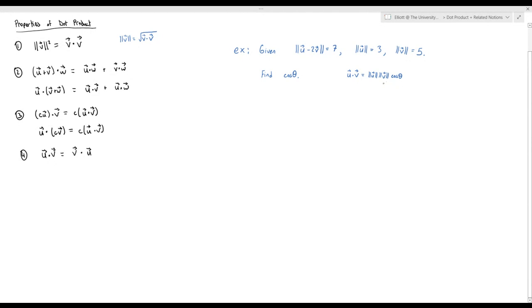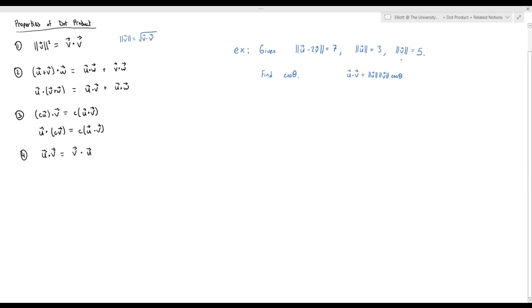So to find the cosine of theta, we would also need to know the dot product of u and v. Because we know these two, we just need the dot product, and then we could solve for cosine theta. So the question is, how can we calculate the dot product with the information that's given?